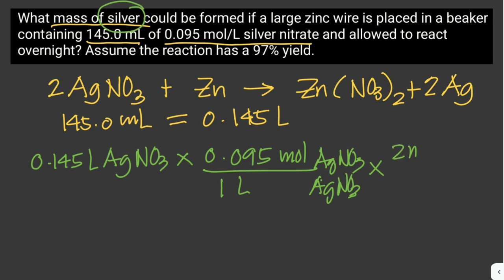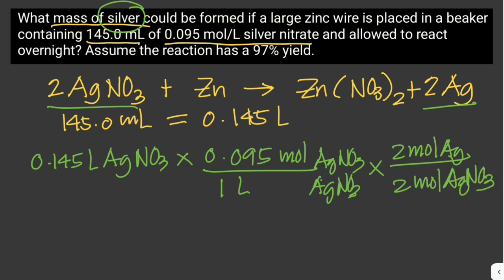So this is 2 moles of silver to 2 moles of silver nitrate, and then we multiply that by the molar mass of silver, which is 107.9 grams per mole.